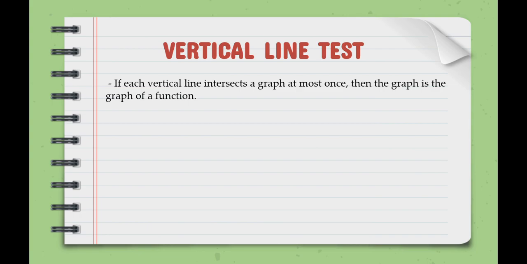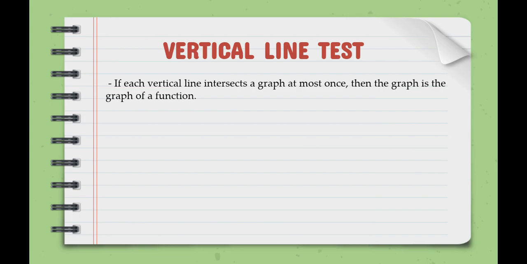Ginagamit ang vertical line test to identify whether it's a function or not given the graph. Usually, matatawag natin siyang function kapag gumamit tayo ng vertical line test. Matatawag natin siyang function if the graph and the vertical line intersect exactly one point.